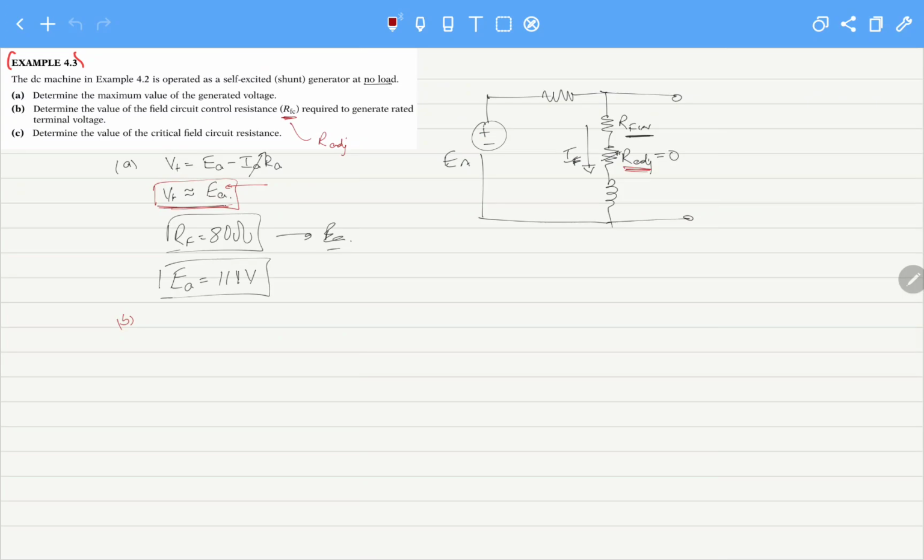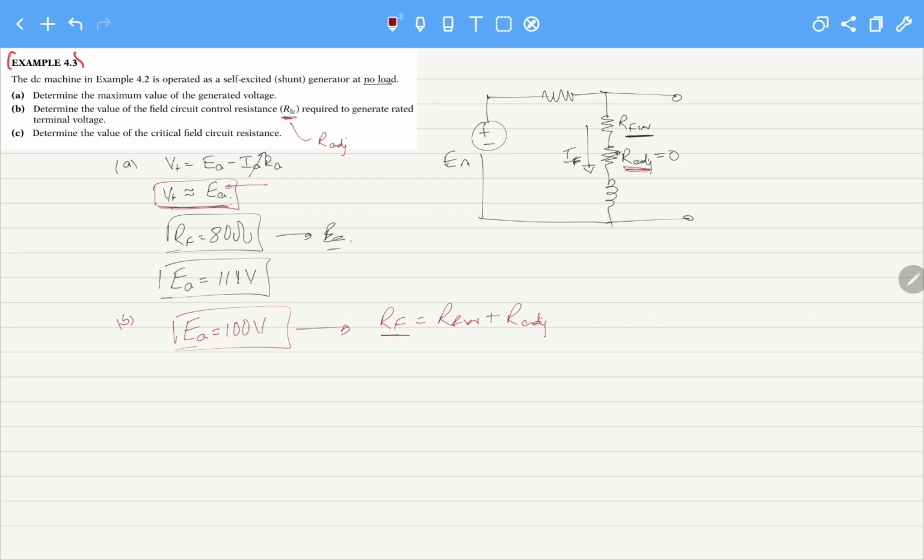So what will be the value of the field resistance, equal to the field winding plus R adjustable, such that the line will intersect the curve at 100 volts?